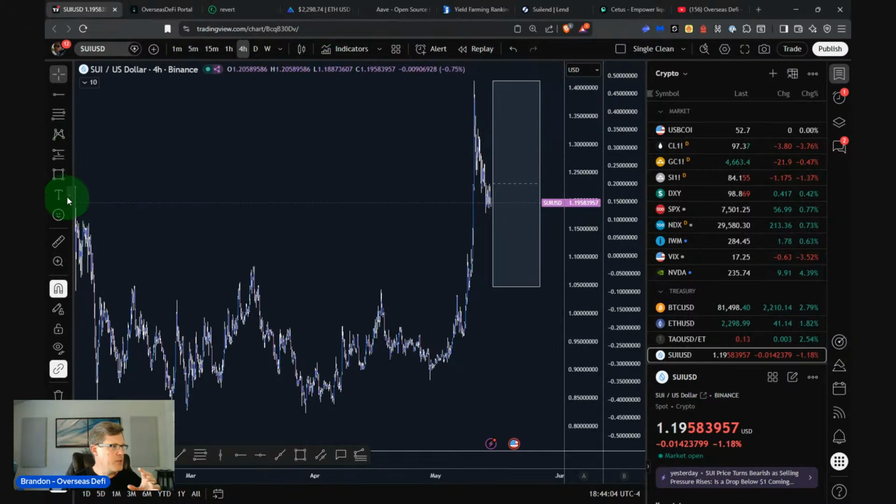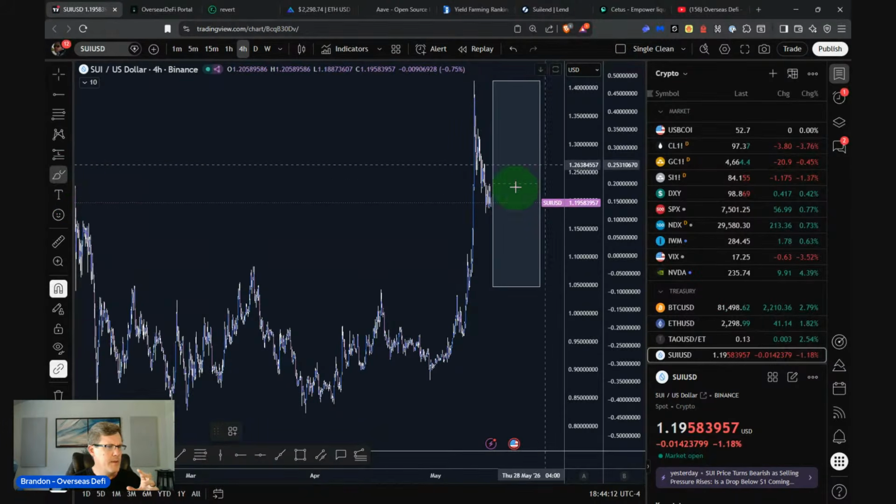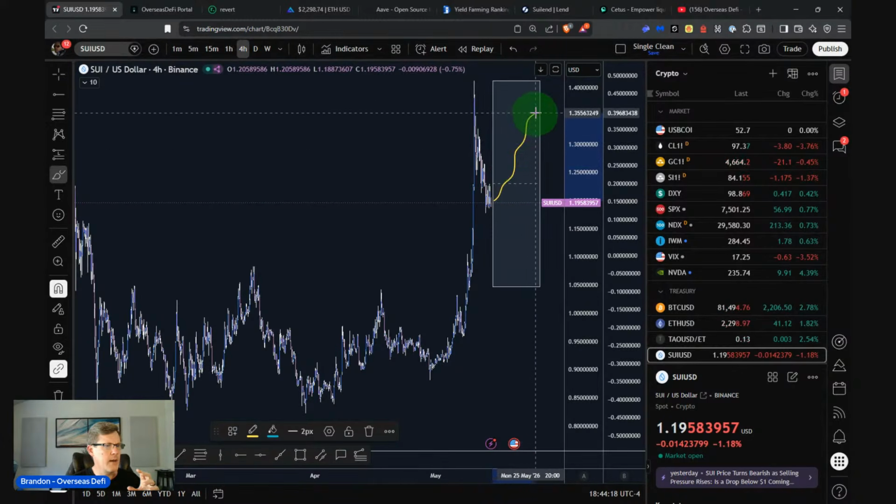And then I'm going to draw a price. Let's pretend that this turns bullish and the price starts going higher and higher. If the price is going higher, that means most traders are buying. That's what makes the price go up.